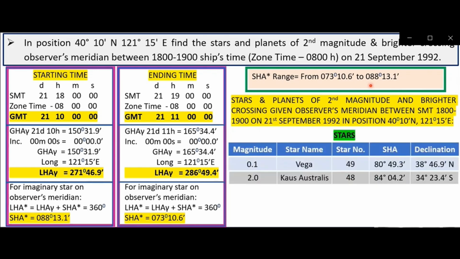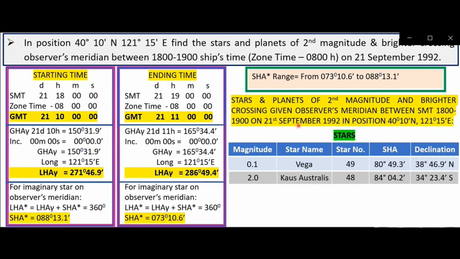Stars will be only 2. You can check. We already have learned how to figure out these stars in the star tables in the range of SHA. And the stars are Vega and Kaus Australis. These are the 2 stars in this SHA range meeting this magnitude requirement as per the question.